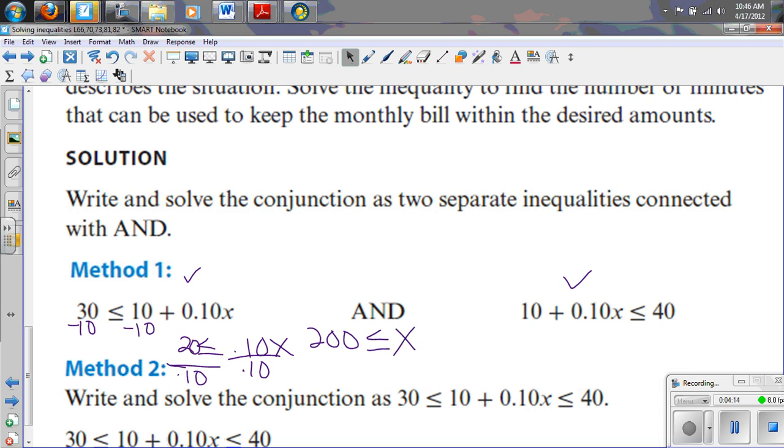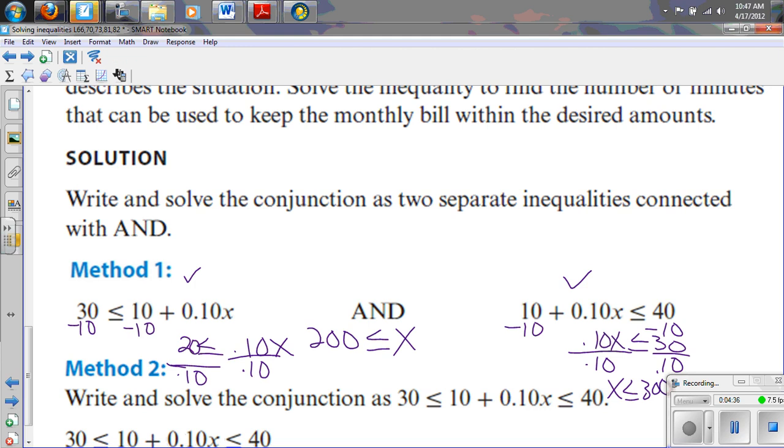On the second equation, we would do the same thing. We would subtract 10. And so we would get 0.10x is less than or equal to 30. And then we would divide both sides by 0.10. And so we would get x is less than or equal to 300.